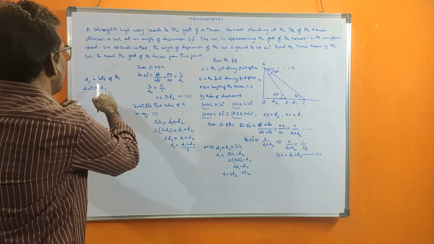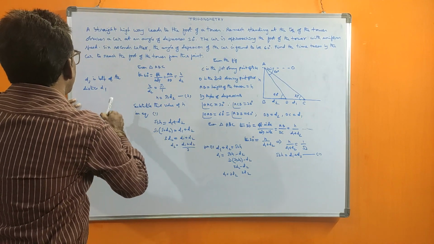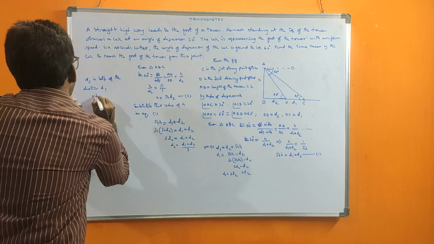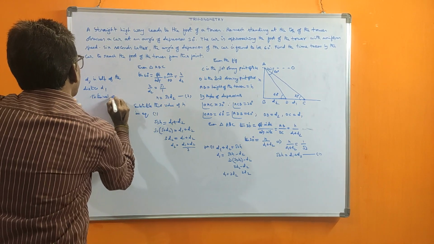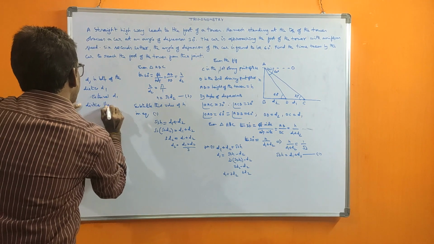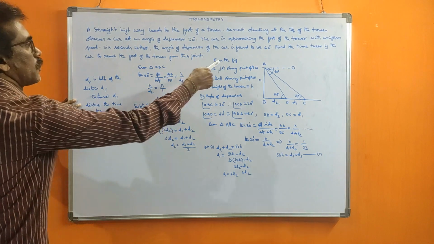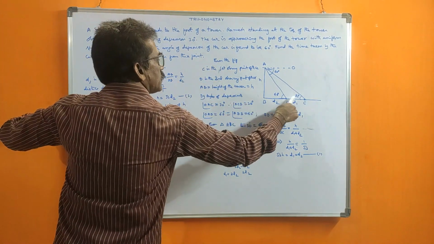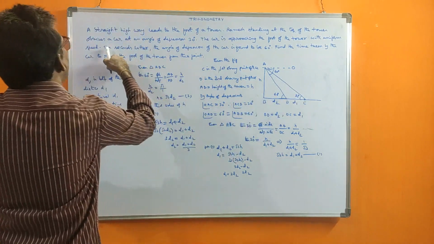To travel the D1 distance, the time taken is given as 6 seconds.